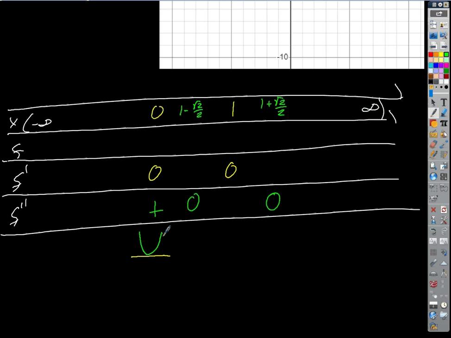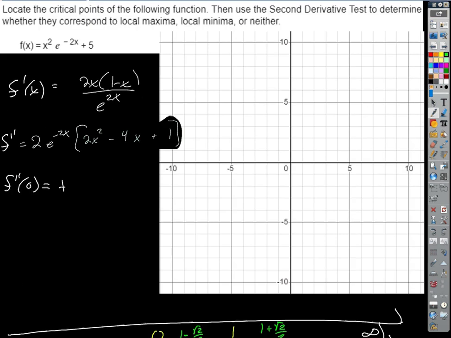If we evaluate the second derivative at 1, we're going to get 2 times e to the negative 2, and that's positive, isn't it? Okay. Times, what about here?